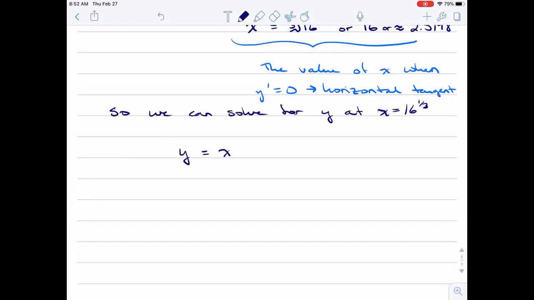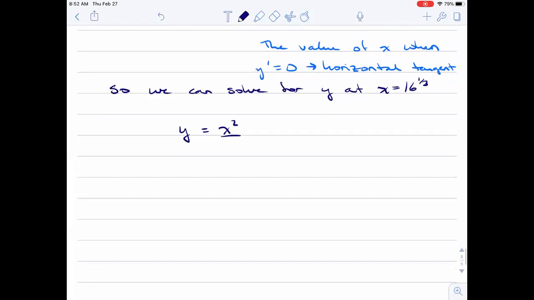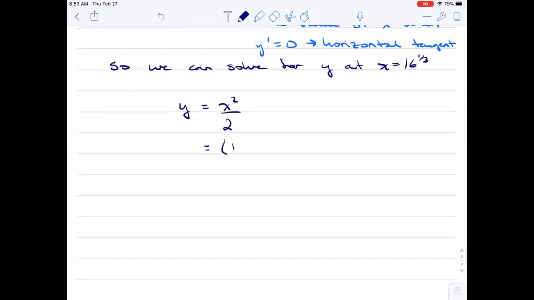So we get y is x squared over 2. That's what we solved for. x is now going to be 16 to the 1 over 3, all to the power of 2 over 2.